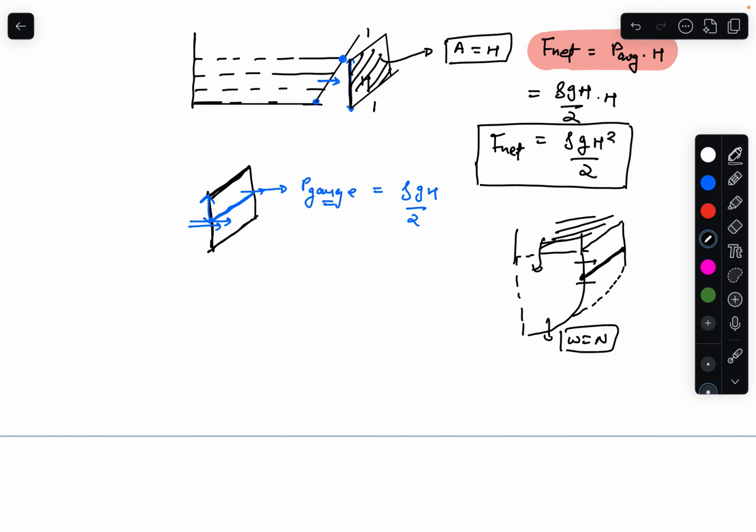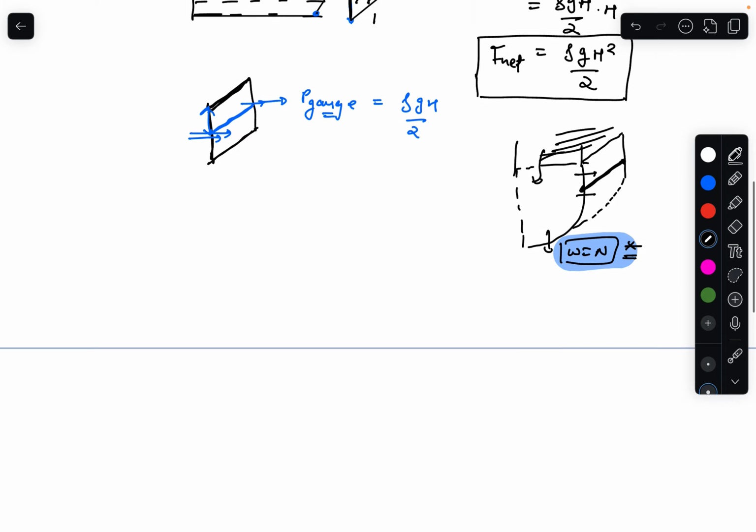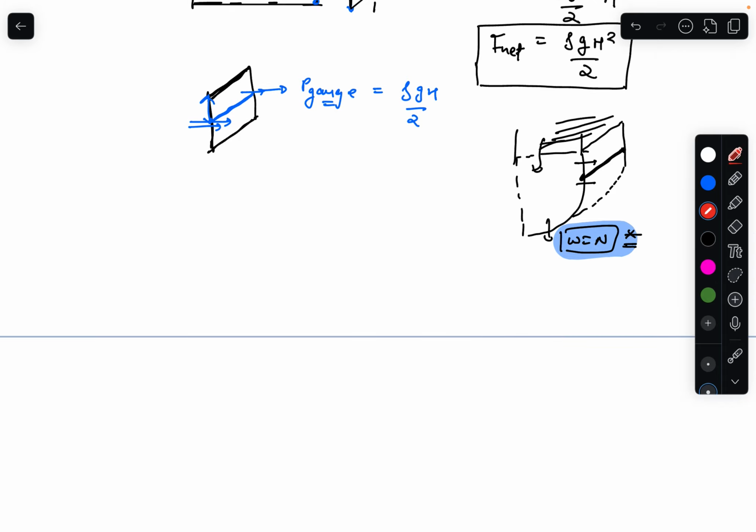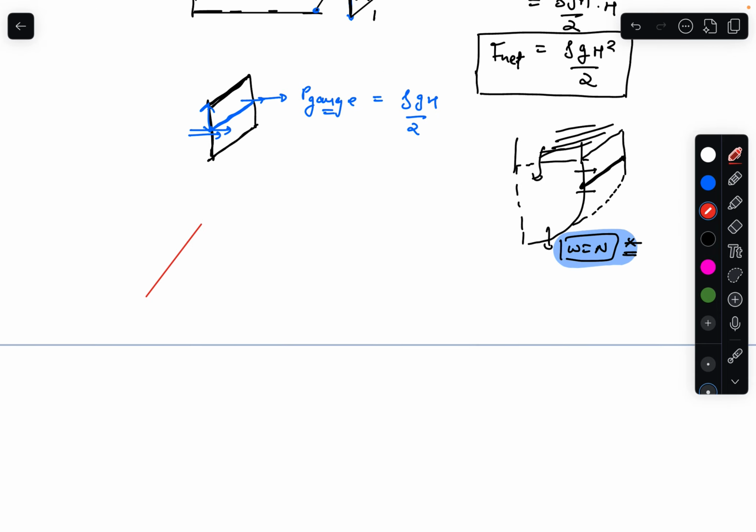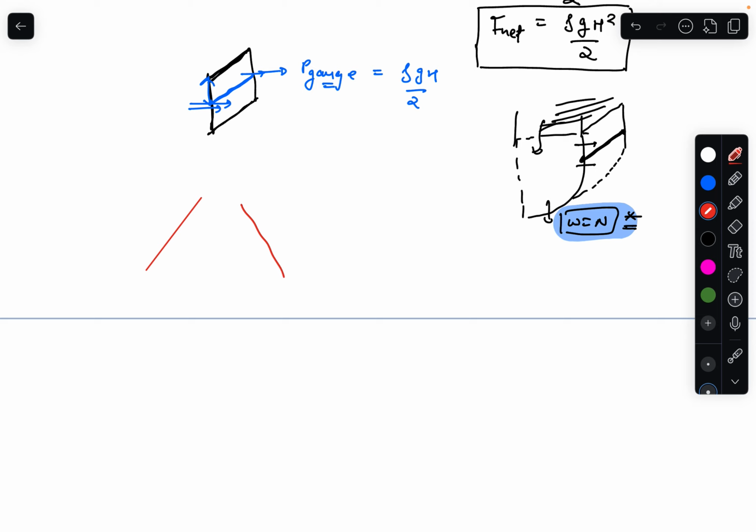Now see here, the trick I'm talking about has some limitations. It cannot be applied everywhere. Okay, let me give you a quick example for the limitation of this one. For example, think of a container which is something like this, a tapered container like that.